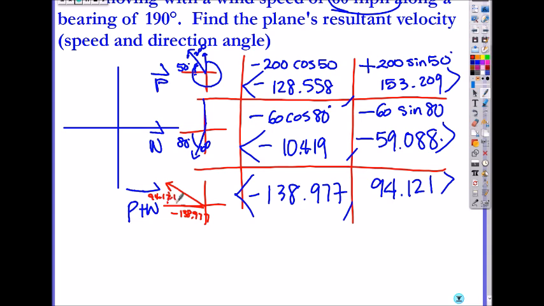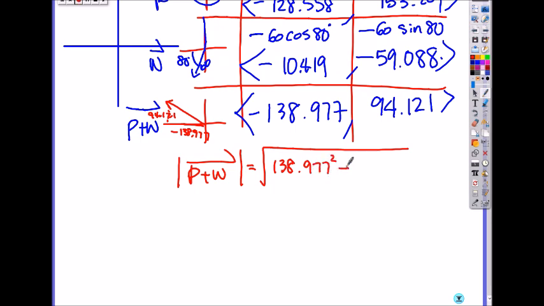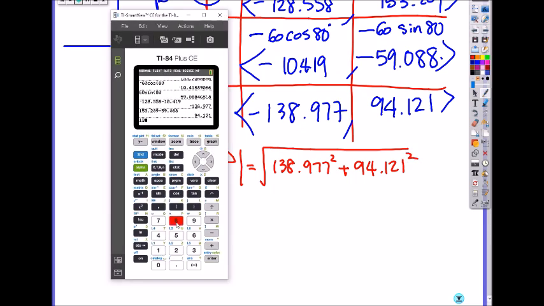The magnitude, the speed. So what would you do to find the magnitude of vector P plus W? You do the square root of 138.977 squared plus 94.121 squared, and you square root it.